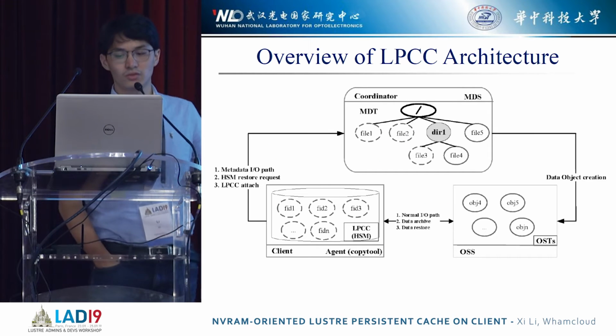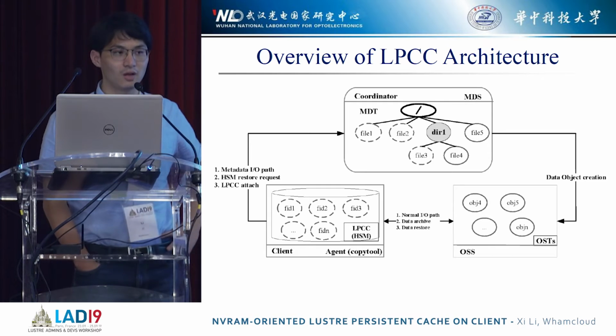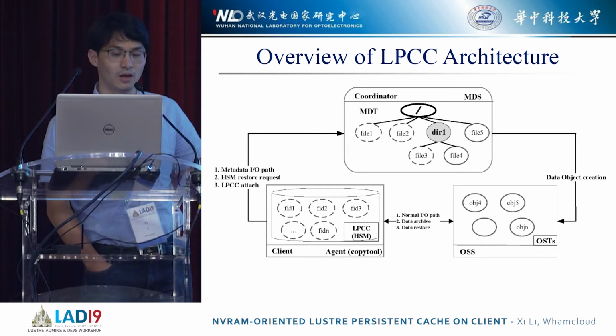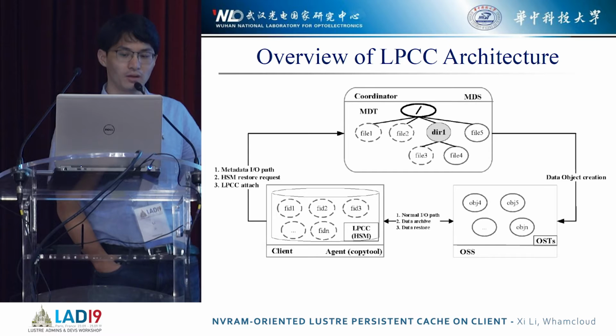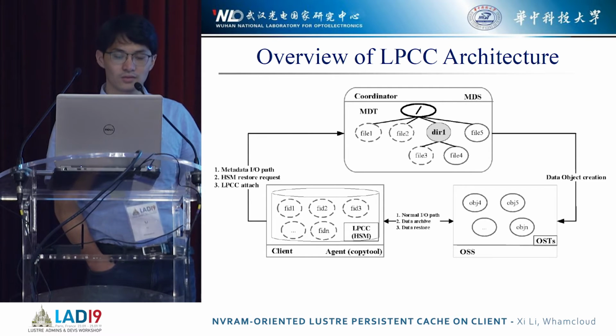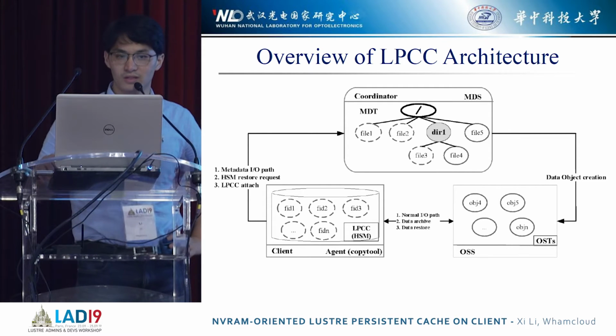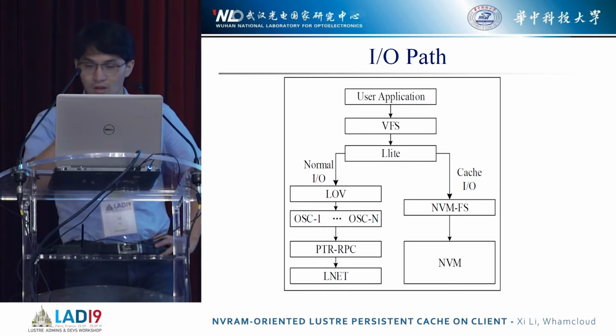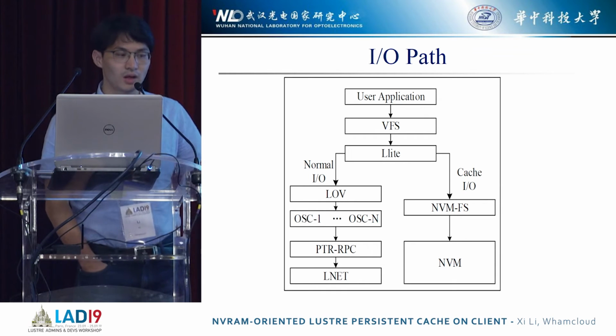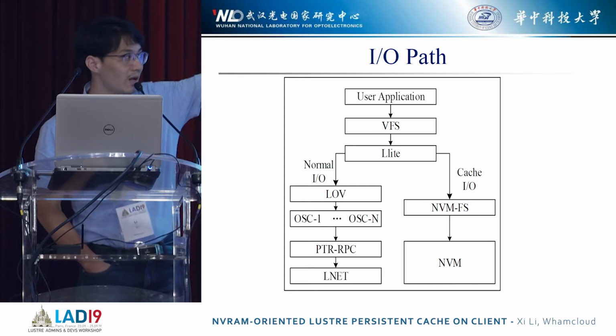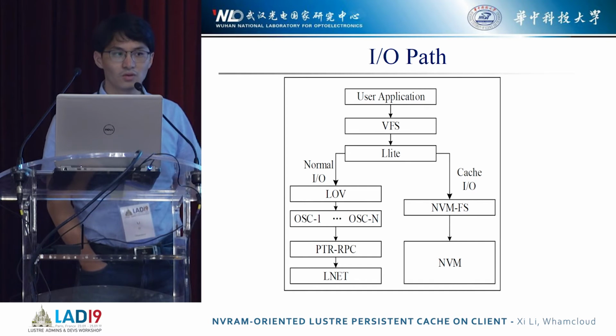Yeah, so if we look into some of the details, some of the data will be cached on the PCC, but the other files might use the same I/O path of Lustre. So it depends on whether the files have been attached to the PCC storage or not. For the files that have been attached to the PCC, you will use the I/O path on the right side, and it will go directly into the cache I/O path, and it will access data directly from, for example, NVRAM.